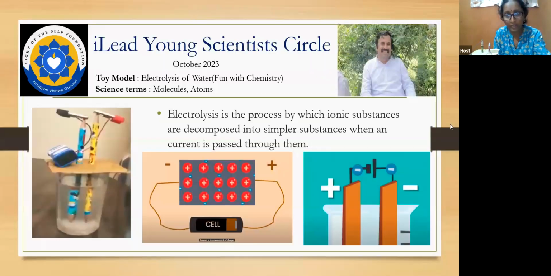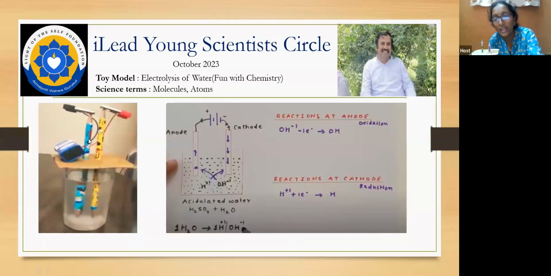See, this slide which I have shown. Just a minute. Share, Chira. Go back to the previous slide. See here. You can see reactions at anode and reactions at cathode. See, anode, where oxygen will, wait.